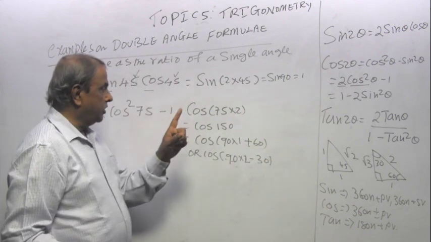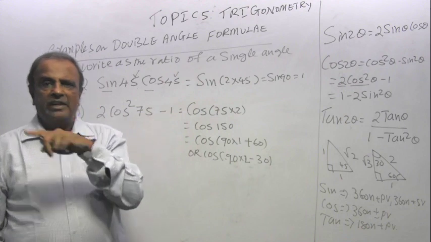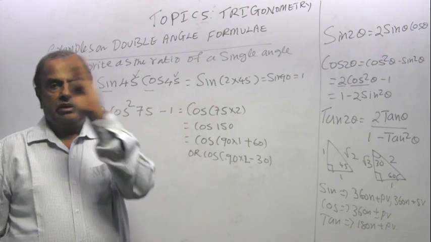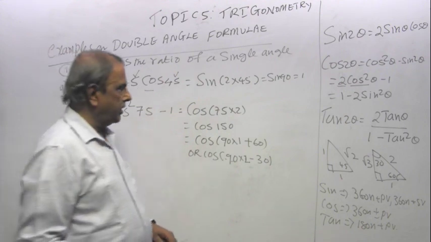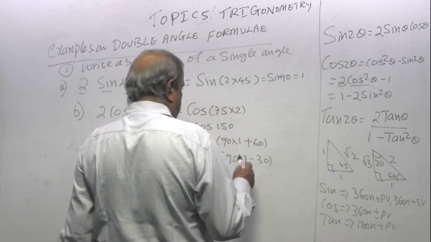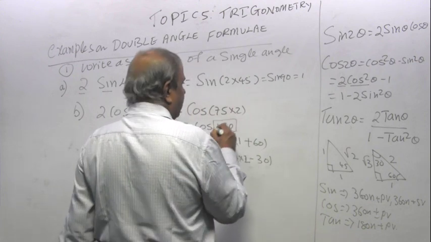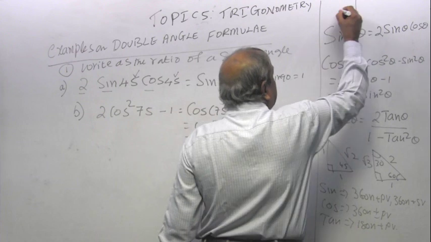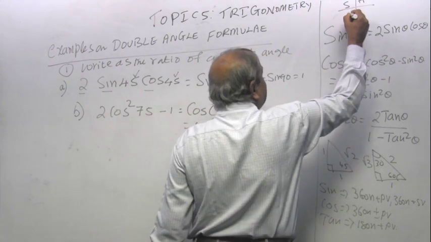First and foremost, you decide the sign. Is it going to be positive? Is it going to be negative? So 150 is in the second quadrant.